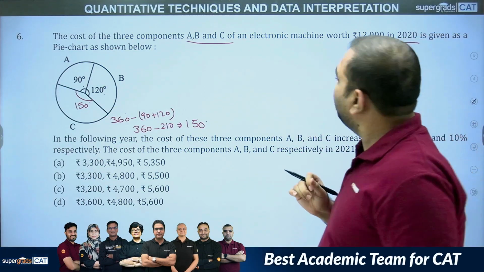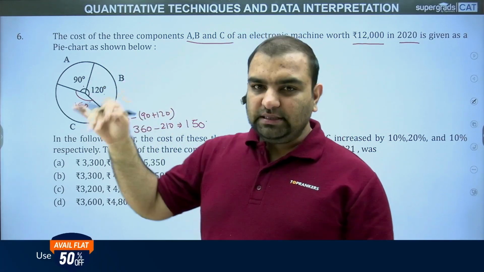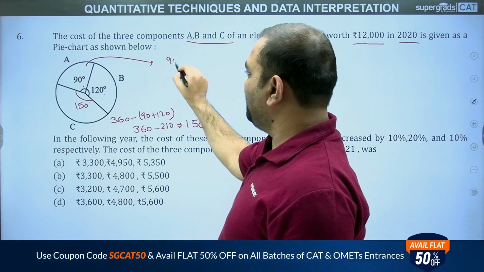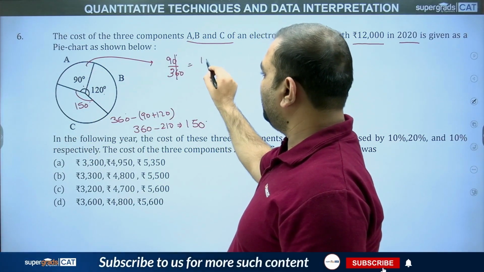So the total angle is 360 degrees. This is 90, so what is the proportion of it? It denotes 1 by 4.